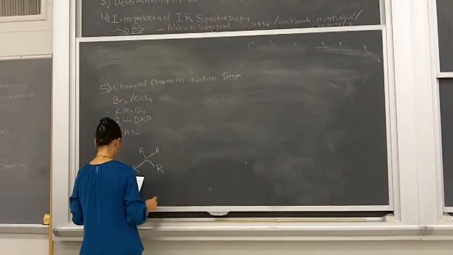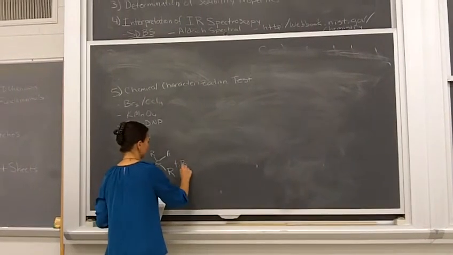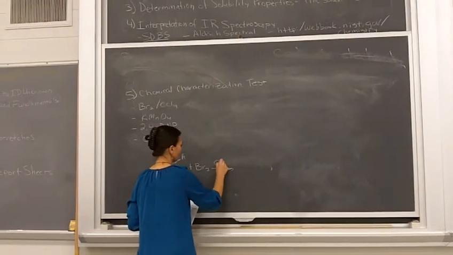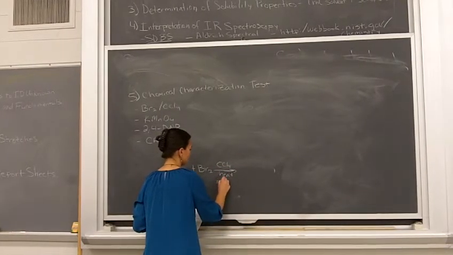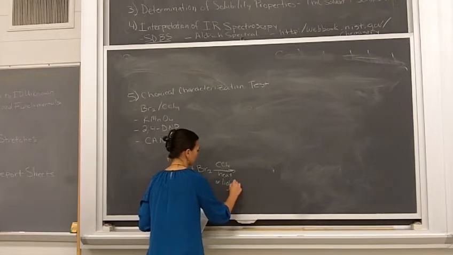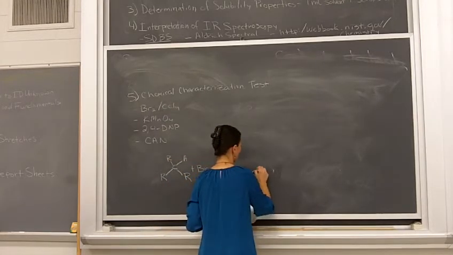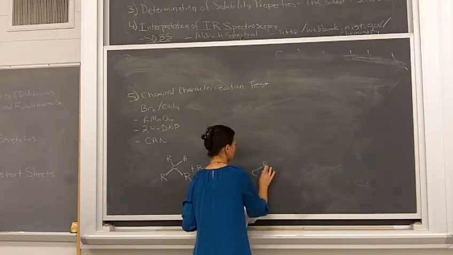Now, that's our electrophilic addition. Bromine can also do a substitution reaction. So if we have an alkane, we add bromine to it, and we add heat or light, then we get this substitution.